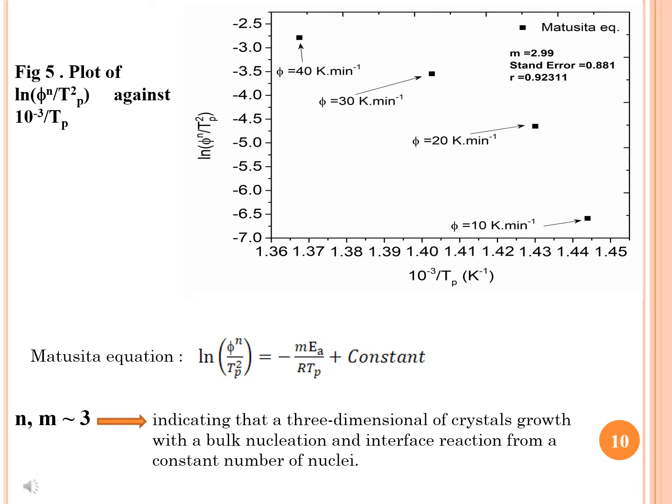The values of n and m for various crystallization mechanisms were obtained by Matsushita et al. m was calculated from the slope of the curve. These values indicate three-dimensional crystal growth with bulk nucleation and interface reaction from a constant number of nuclei.